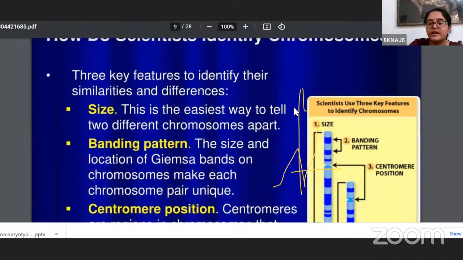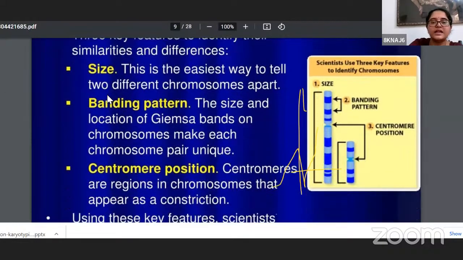And how do scientists identify the chromosomes? 3 key features: size, banding pattern, and centromere position. The easiest way to tell the differences is the size. And then you have the banding pattern. Giemsa stain is a kind of stain that is used to band the chromosomes.